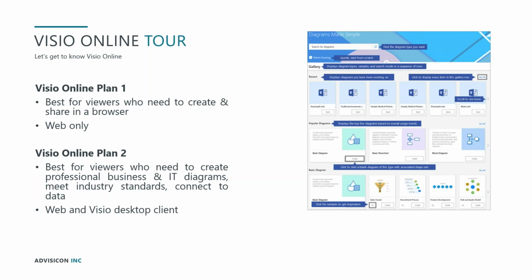So through your Office 365 user ID, if you happen to be working on a tablet or a conference room PC or something that doesn't happen to have the desktop client installed on it, you still can get to Visio in the web, create the diagram that you want, save it to your OneDrive for Business, and then go back to your desk, work on it more either in the web or using the desktop client.